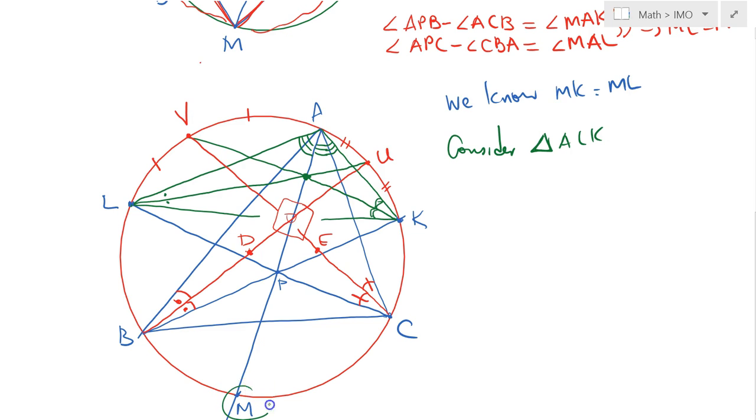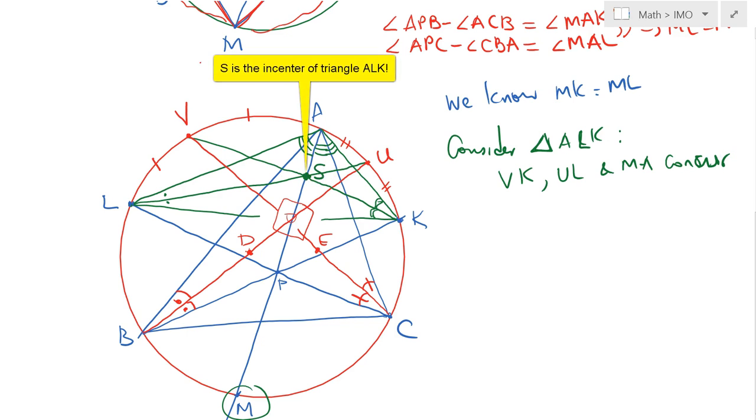And as a result, M is the midpoint of the major arc LK, or you can call it the arc LMK. M is the midpoint of this arc. That's also an angle bisector, suggesting that in triangle ALK, VK, UL, and MA concur. Let's call this point of concurrence the point S.